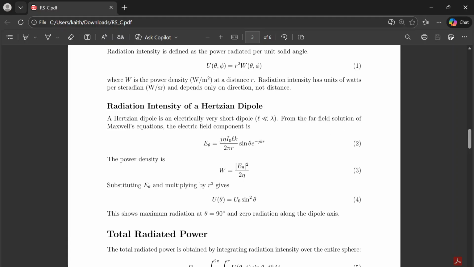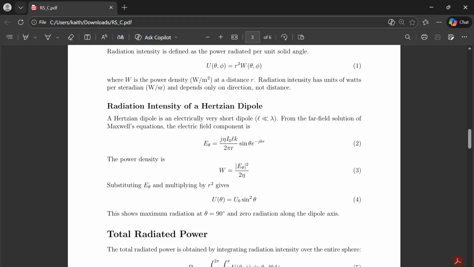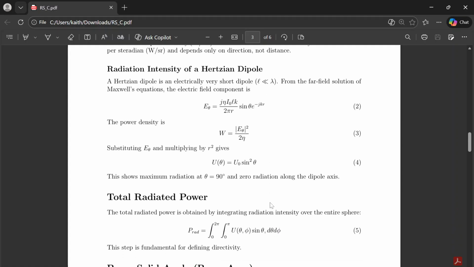So when we substitute this in this formula and calculate W and then multiply by r squared to find the radiation intensity, we arrive at this result. As you can see from equation number 4, we can understand the maximum radiation is at angle 90 degrees and the minimum radiation, 0, is along the dipole axis, which is 0 and 180 degrees.